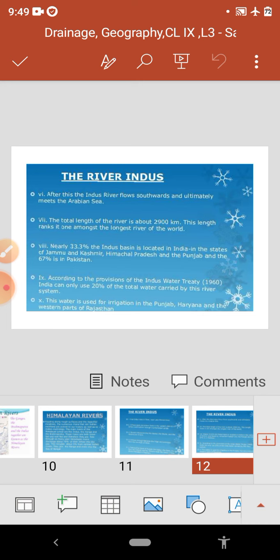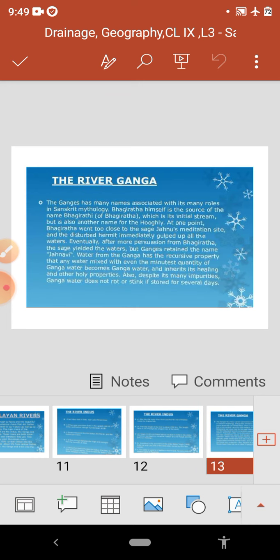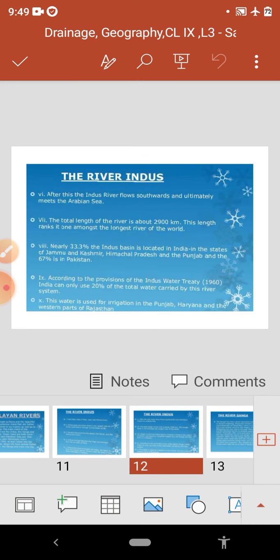Here, the Indus is joined by the Kabul River from Afghanistan. The Indus flows southwards across Pakistan to reach the Arabian Sea east of Karachi.